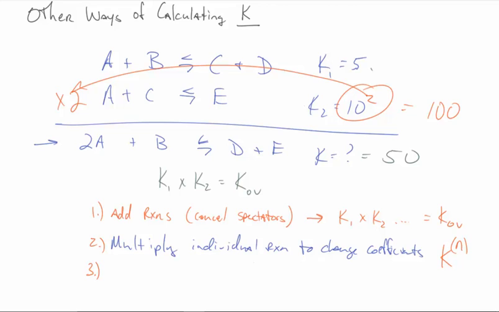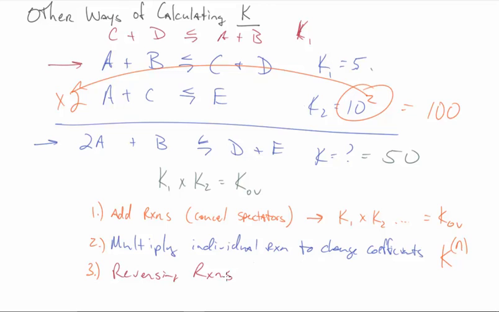The last one is, what happens if I reverse a reaction? We'll use this one here. What happens if I have to rewrite this as C plus D to get A plus B? How does that change this K value? Well, if you think about it, my equilibrium expressions are really just products over reactants, and I'll put reversing reactions down here as my third technique.